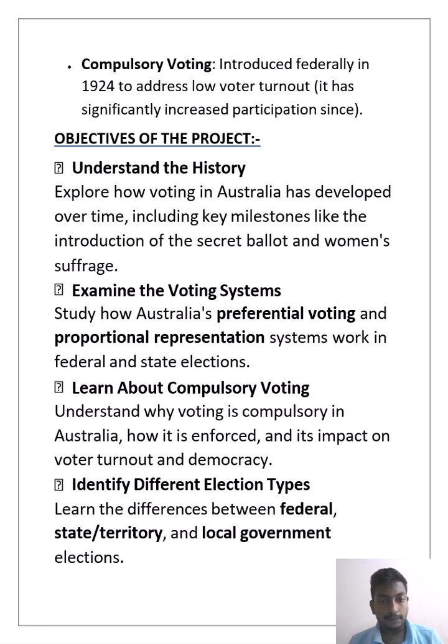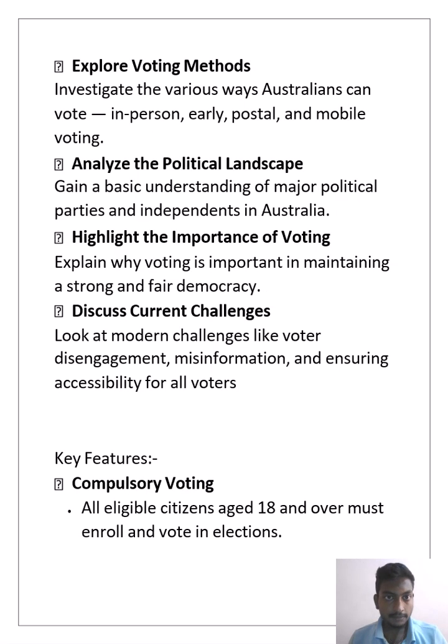Identify different election types. Learn the difference between state, territory, and local government elections. Explore voting methods. Investigate the various ways Australians can vote: in person, early, postal, and mobile voting.